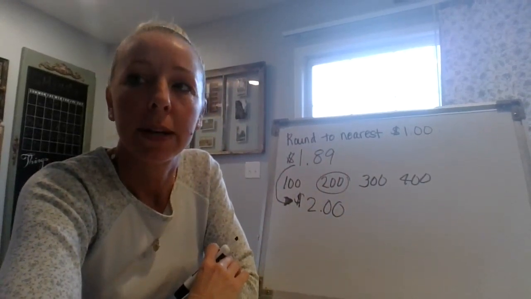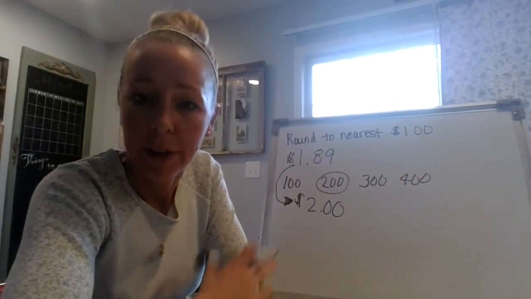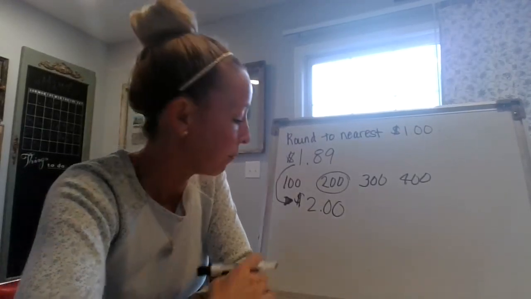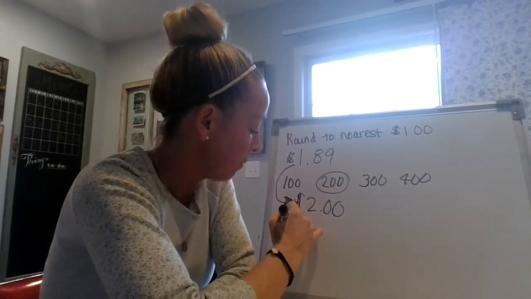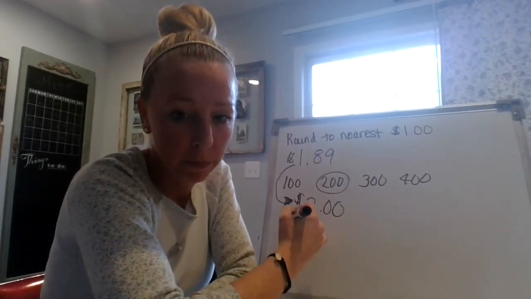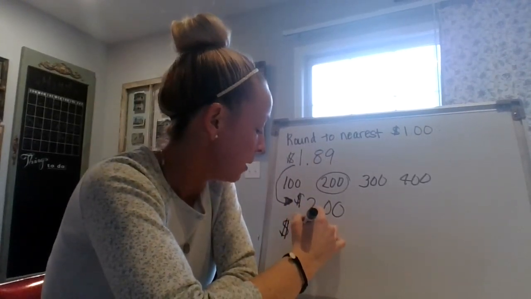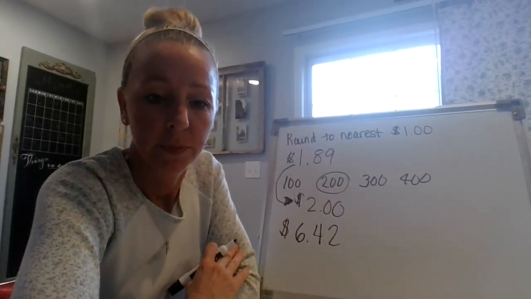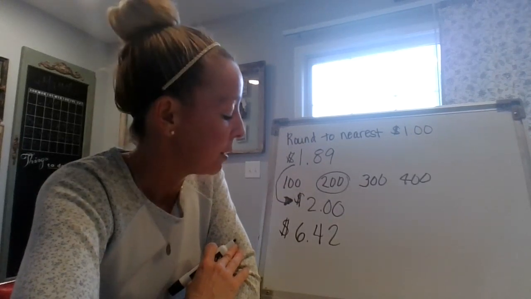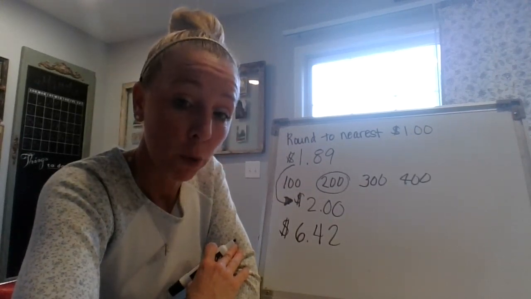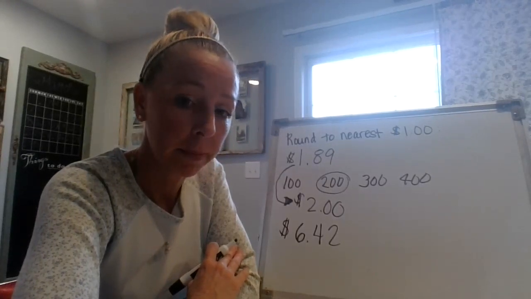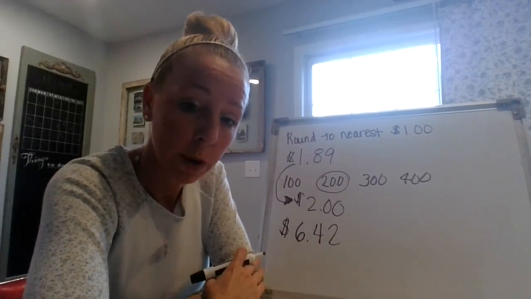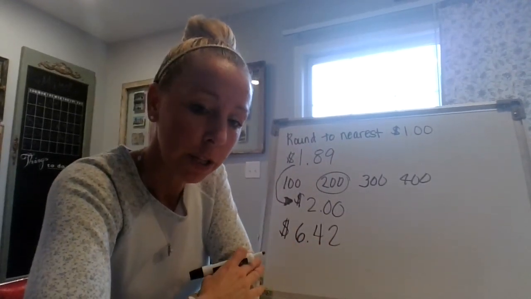So I've got my bottle of dish soap. And let's see, what else do I need? I need coffee. You guys know I love coffee. So a can of coffee, it's on sale, and it is $6.42. If I round $6.42 to the nearest dollar, that would be like rounding 642 to the nearest 100. What would I round it to?